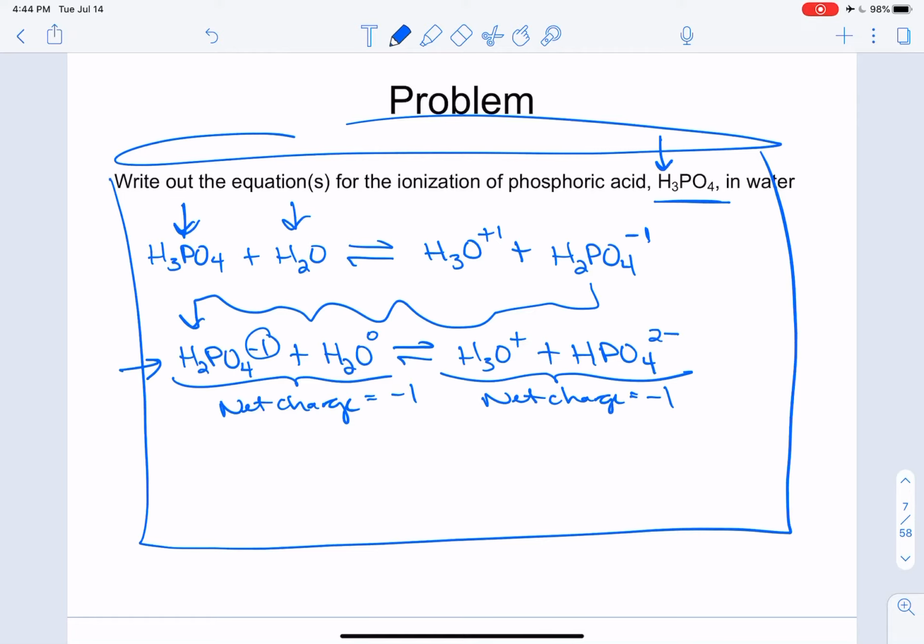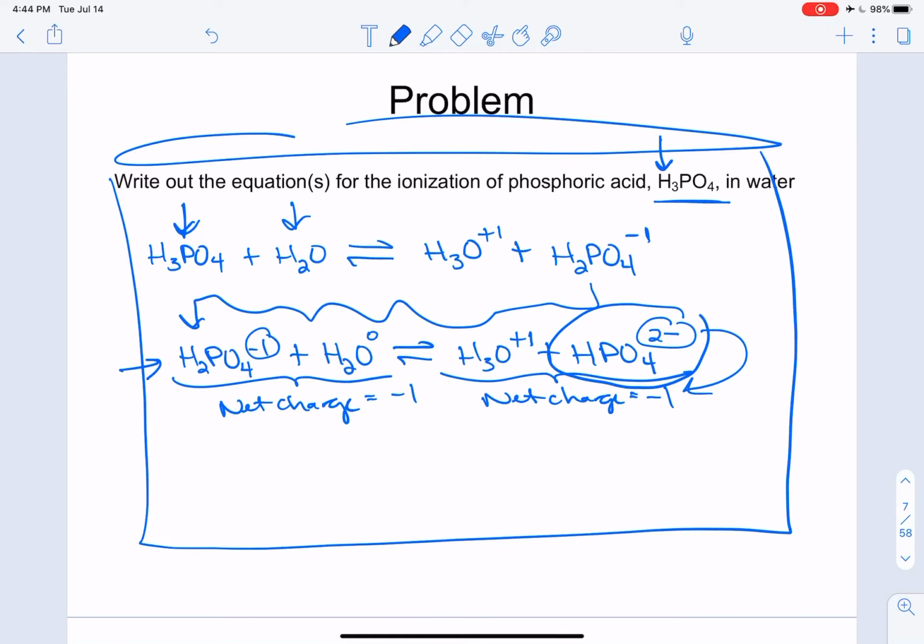And this makes sense because H3O plus is always +1, and +1 minus 2, that gives us -1. So our charges check out. All right. So that happens, and the products are like, okay, let's go on our merry way.